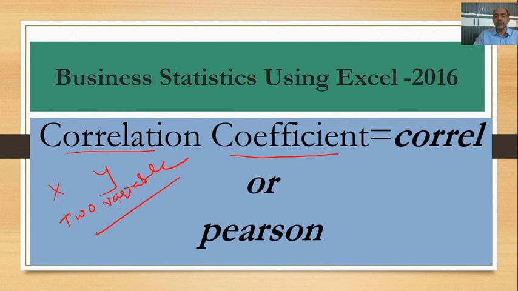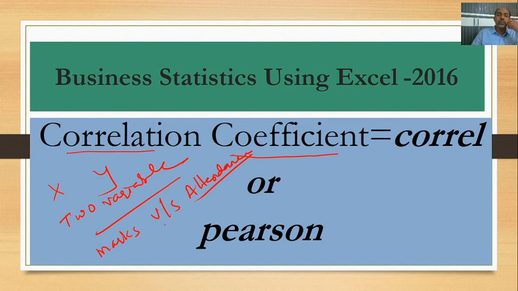So far, until the previous slide, for skewness and kurtosis, we need only one variable, that is enough for us. But to find out the correlation, we need two variables. That's why I have taken two variables. One is called marks. Marks is one variable versus attendance.